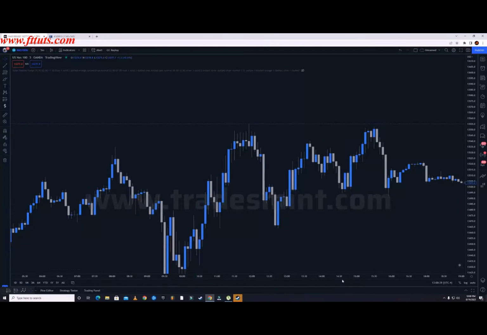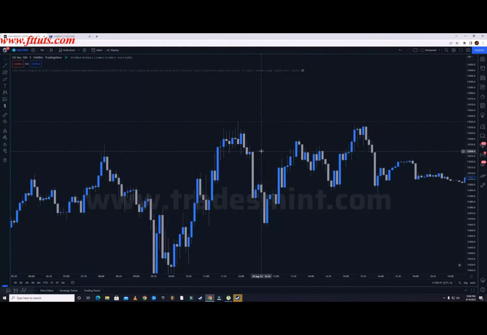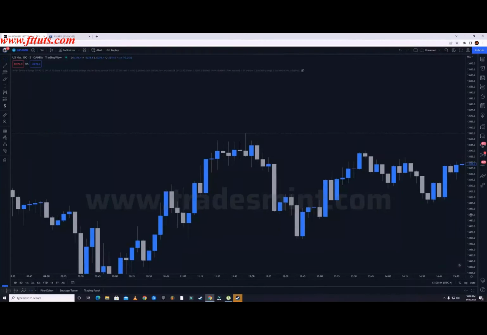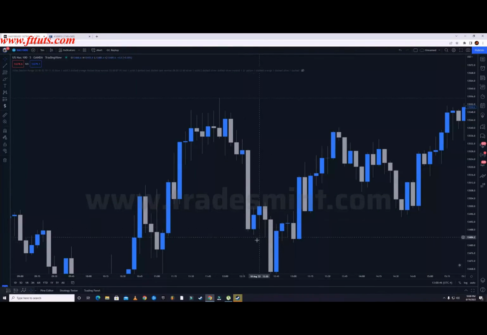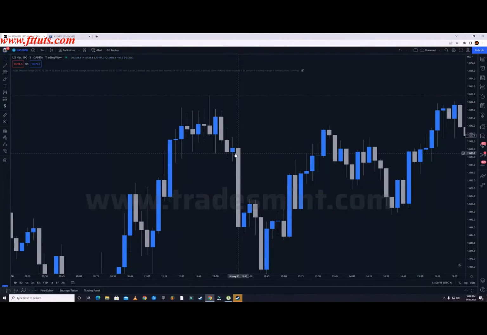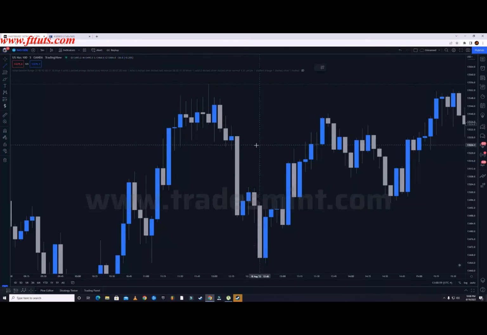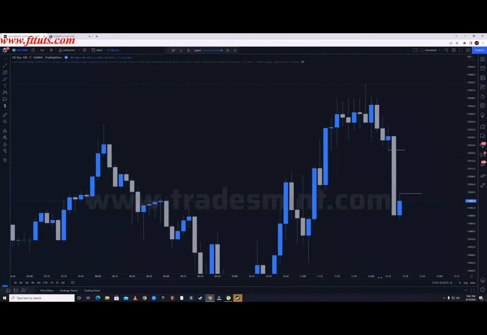All right, so let me give you some examples. Let me zoom in a bit. You can see 1, 2, 3 candles, so we're looking at three candles. We got one candle right here, the second candle right here, and the third candle right around here. In between these three candles, we got a fair value gap. Let me go to the replay mode so it's clear for you guys.